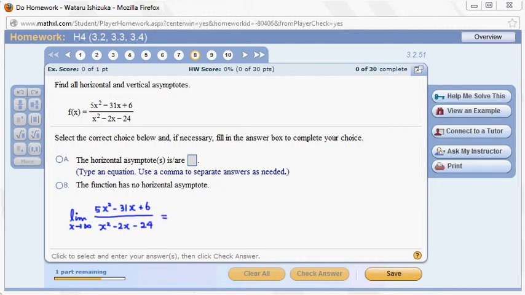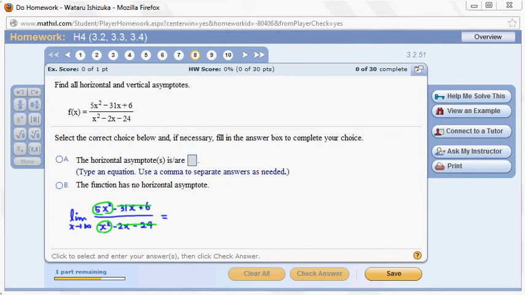Remember that the only thing we have to worry about is the leading term on top, which is 5x squared, and the leading term on the bottom. So we can ignore the rest of the terms.